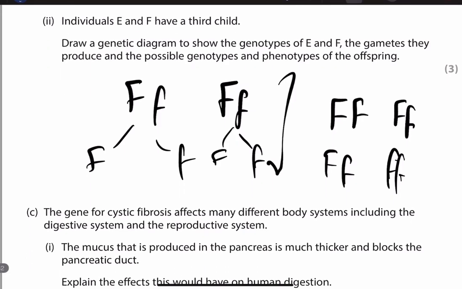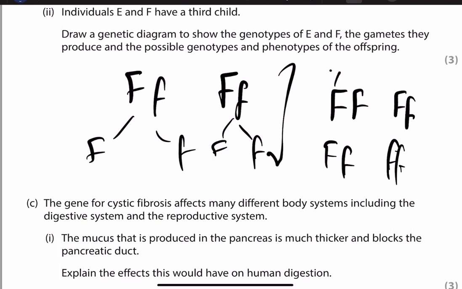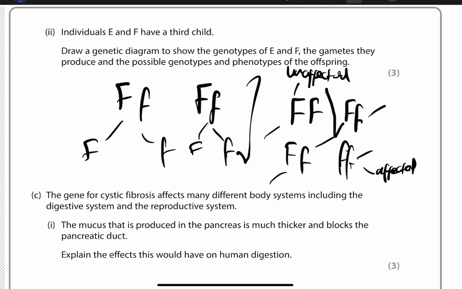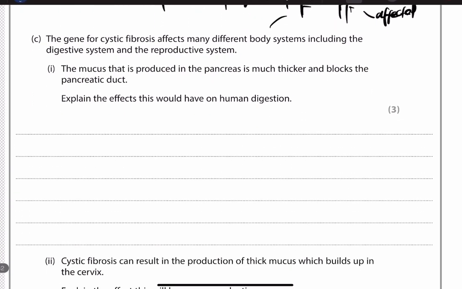And the phenotypes are unaffected, also unaffected, affected. And if you want to know the genotypes, this is homozygous dominant, heterozygous, and this one homozygous recessive. So of course, in the actual paper, write it down neatly, but just for explanation's sake, I did it a bit messy.